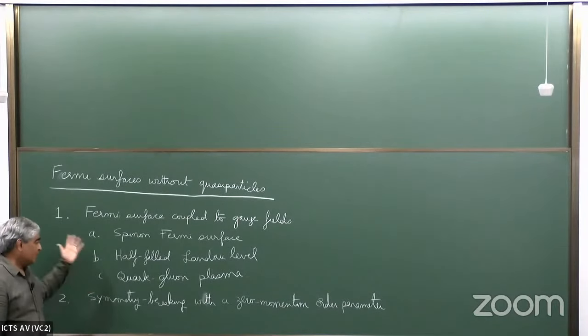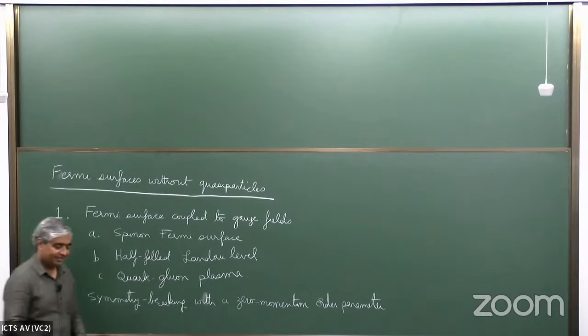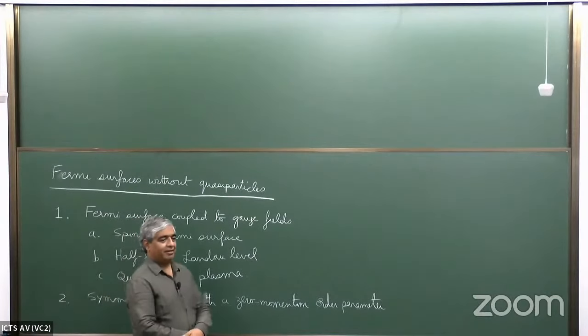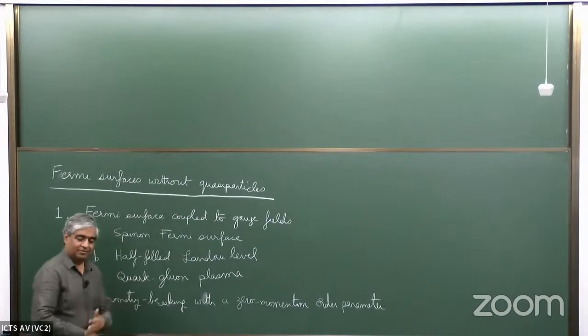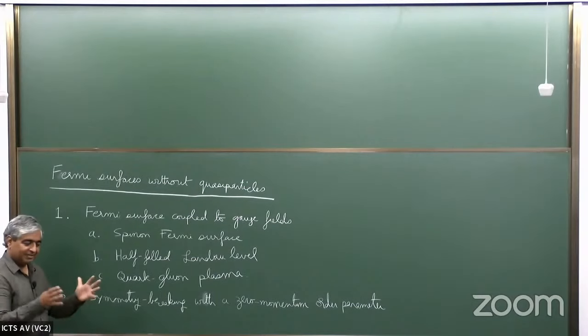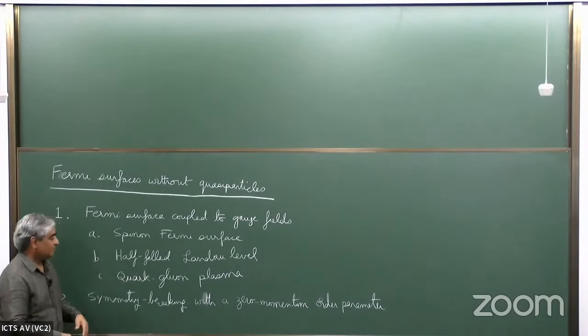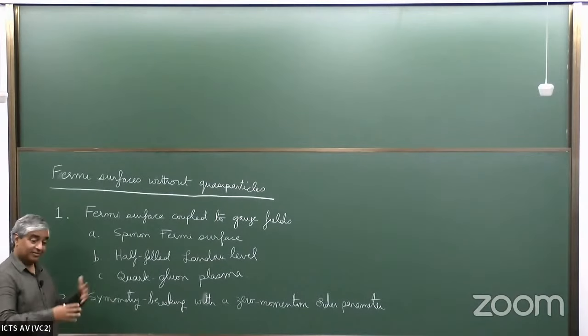Another problem that I haven't mentioned, also of great importance, is the quark-gluon plasma that's studied at relativistic heavy ion colliders, Brookhaven and CERN. There you have a collection of quarks which, because of their high density and high energies, are deconfined. They form a Fermi surface since there's a finite density of quarks, and those quarks then interact with the gauge field.